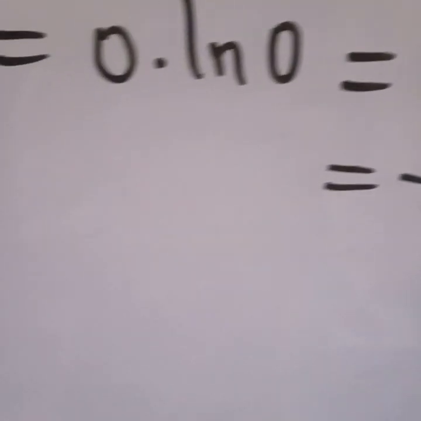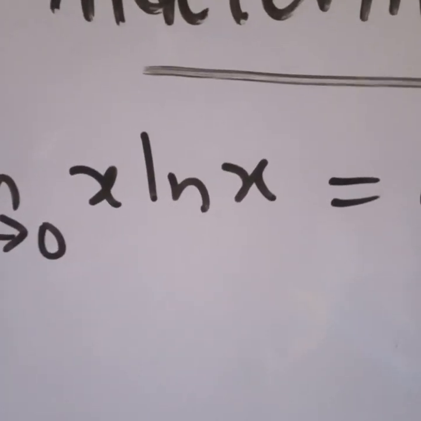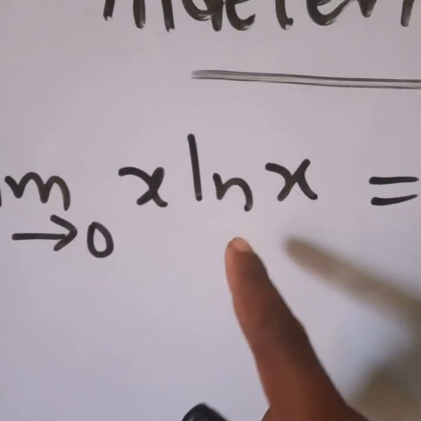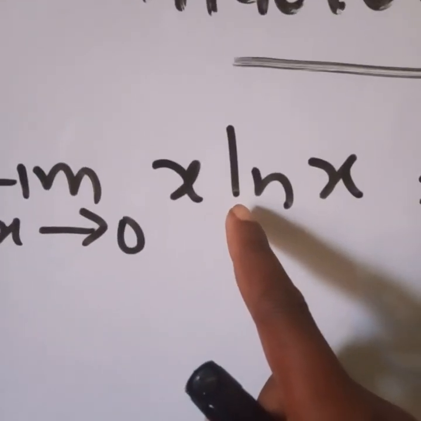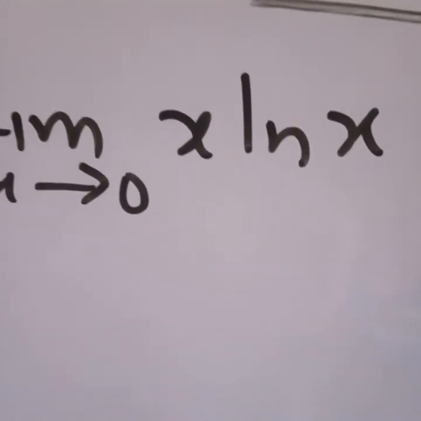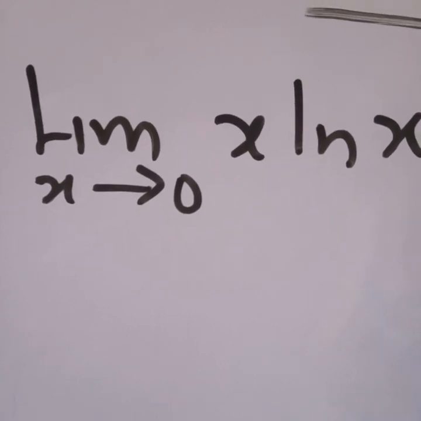So what we need to do is to simplify this also. But in order to simplify this form, due to one of the functions being transcendental, we apply what we call L'Hopital's rule. How do we do this?